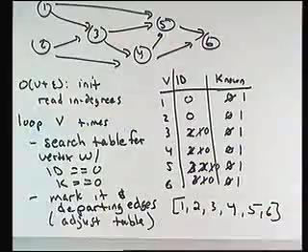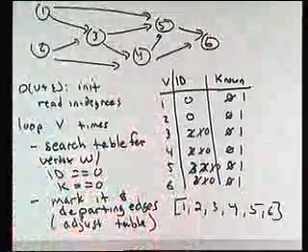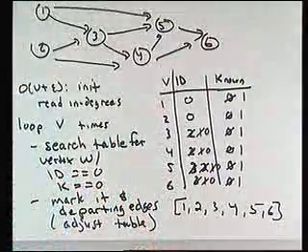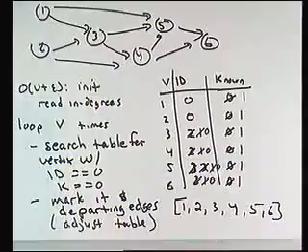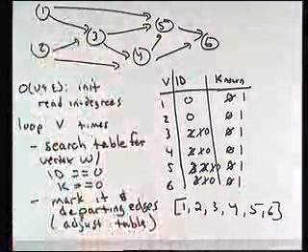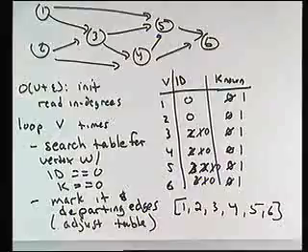Now, by pure coincidence, the order in which we did this happened to be the same order the vertices were listed in the table. But if the vertices had been listed in a different order in the table, we would have proceeded in a very similar manner. We could have perhaps picked 2 before 1, but we're not going to be able to pick 3 before both 1 and 2 are gone. We won't be able to pick 4 until 3 is gone. We won't be able to pick 5 before 4 is gone, and we won't be able to pick 6 before 5 is gone.